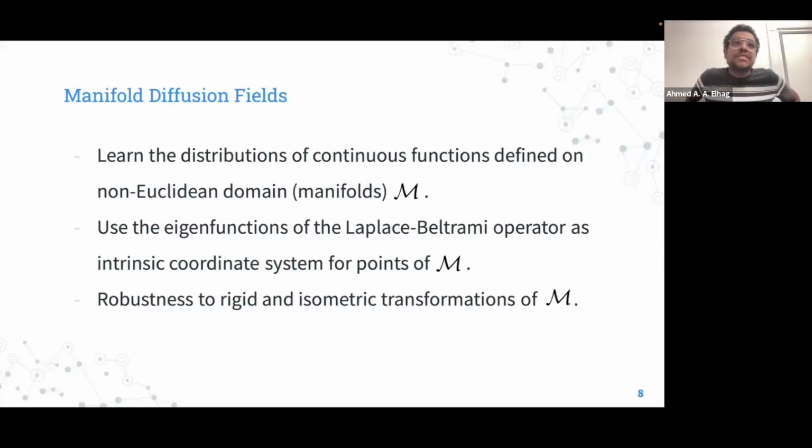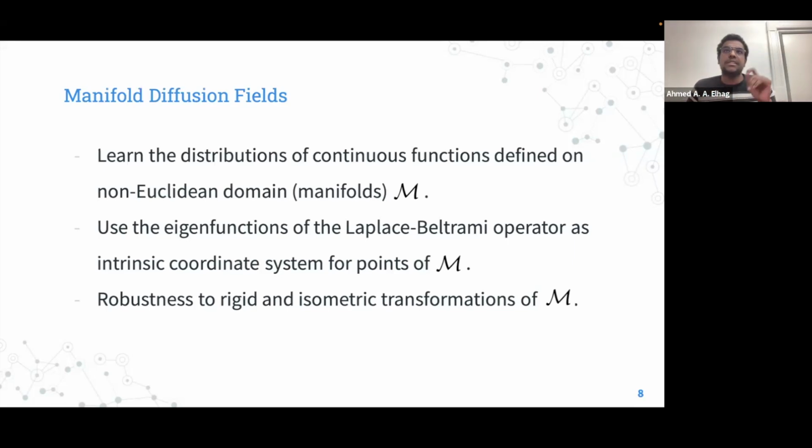So after this, what are manifold diffusion fields? What we are doing with Riemannian manifolds is that we would like to learn the distributions of functions, which are continuous functions defined on a non-Euclidean domain. So you have a surface, and then you have a signal over this surface.